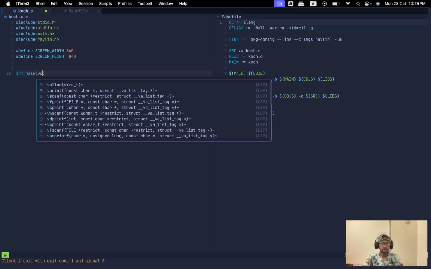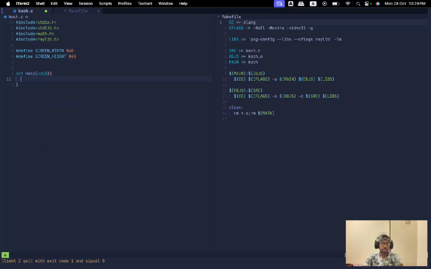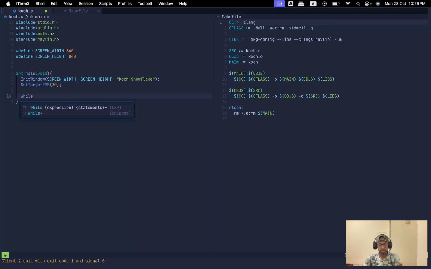Let's create our main function. Init window with screen width by screen height, and our title will be Koch snowflake. Let's set our target FPS to 30, that's enough. Let's create our main event loop, while window should not close.